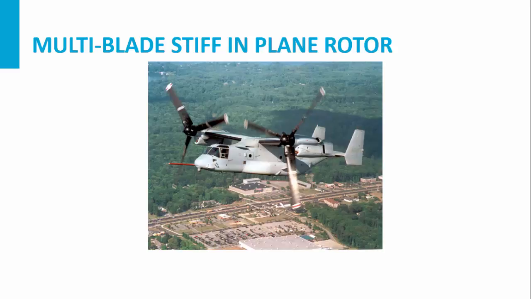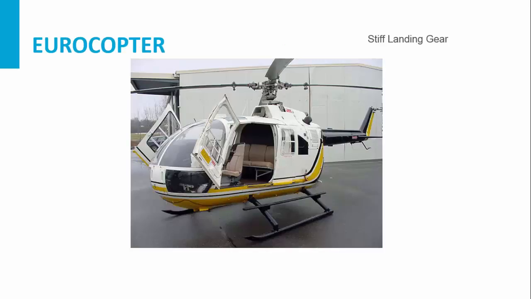However, in this kind of rotors, it is possible that the so-called air resonance is appearing, and the air resonance is a kind of ground resonance happening in an airborne mode where the flapping motion of the helicopter is involved, and it is a quite destructive instability, difficult to predict.